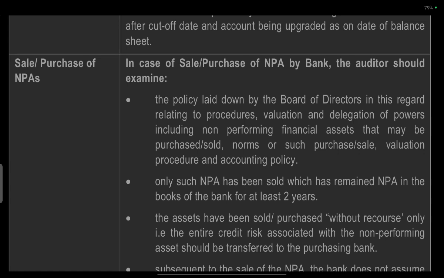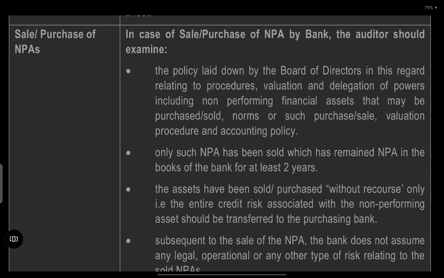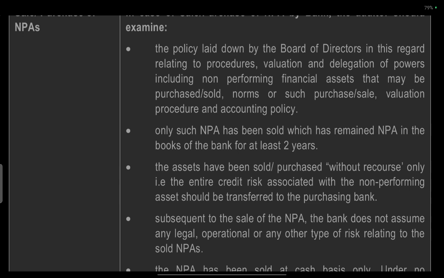Sale and purchase of NPA. In the case of sale and purchase of NPA with a bank, the auditor should examine the policy laid down by the board of directors regarding the procedure, valuation, and delegation of powers, including the non-performing financial assets that may be purchased or sold, purchase and sale, valuation procedures, and accounting policies.